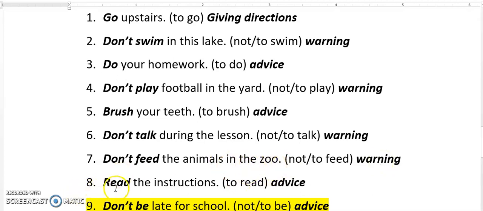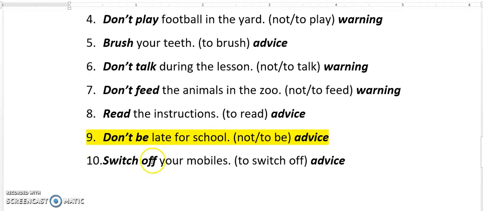So number 8, we have read the instructions. This is an advice. Maybe the teacher in the class during an exam. And here we have number 9 is special because we have the to be verb. Verbo to be.